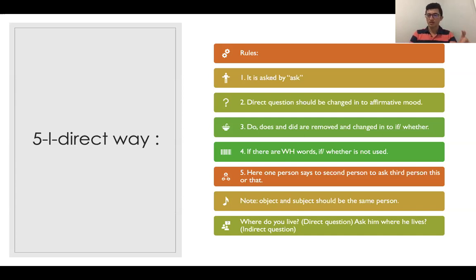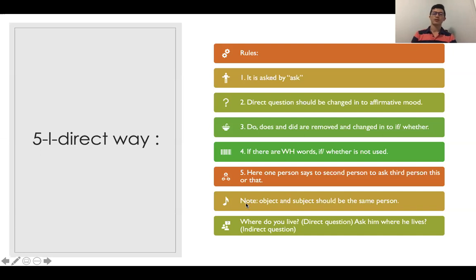So if you have a WH word in our sentence, no need for anything else. Okay, you can use the WH word. Number five, here one person says to the second person to ask the third person this or that. The first person says to the second person to ask the third person this or that.